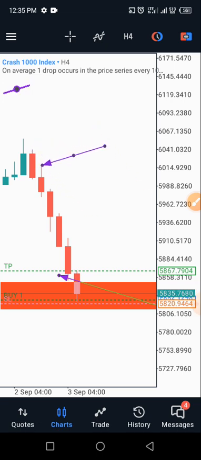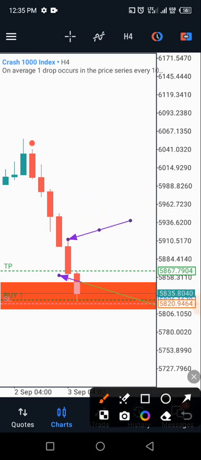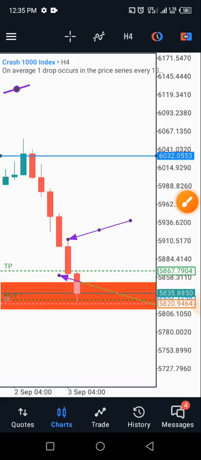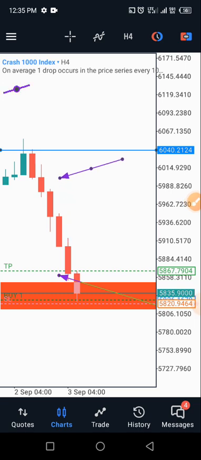So these particular wicks here are called liquidity levels, okay. And if you notice here, also here we have a liquidity level, and then you will notice that price hasn't taken any liquidity level for the past six candles. Okay, if you count the candles here, the first, second, third, fourth, fifth, sixth, price hasn't taken any of these liquidity levels.